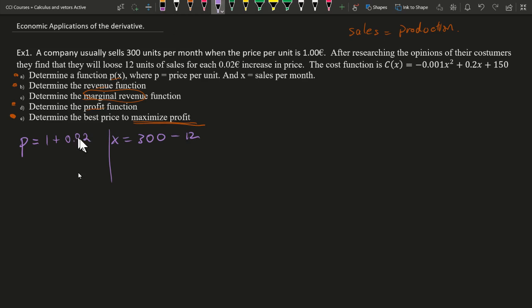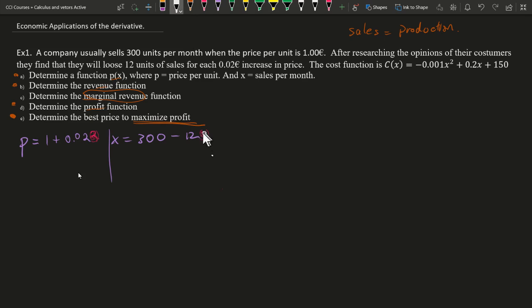And so now we have to build some sort of relationship between this. For example, if I increase my price once by 2 cents, then I lose one set of 12 sales. If I increase my price 2 times, changes this to a 2, then I lose 2 sets of 12 sales. And then so forth. If I change this to a 3, then I lose 3 sets of 12 sales.